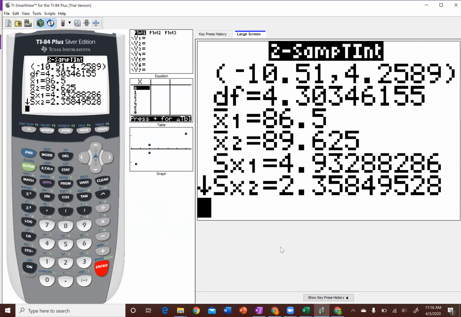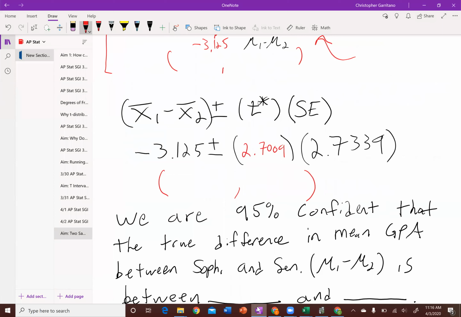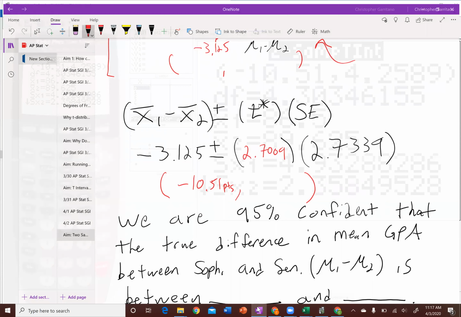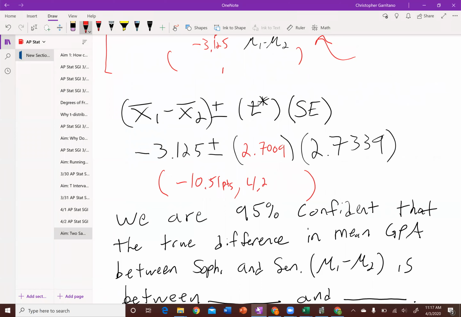So it gives you all that information again. My lower bound is negative 10.51. This is points, right? Difference in points. And 4.2589 points. All right, so let's summarize. What does this confidence interval tell us?